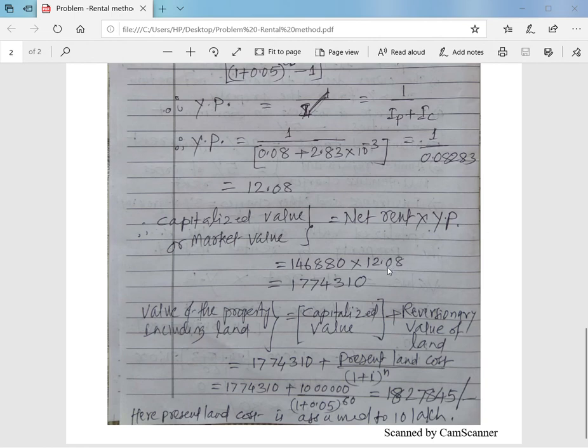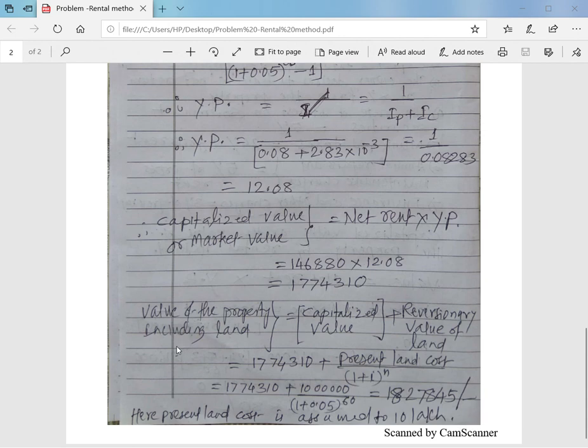Net rent is 1,46,880 multiplied by years purchase, 12.08. So we obtain 17,74,310 as the value of the property, determined on the basis of net rent received from the property.